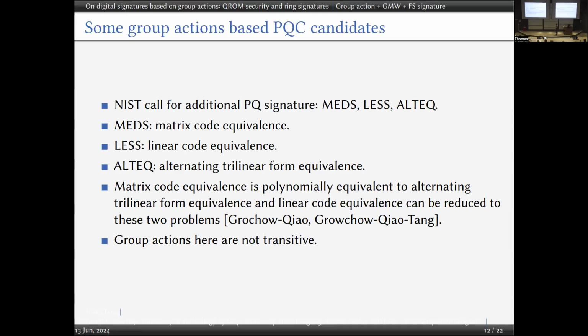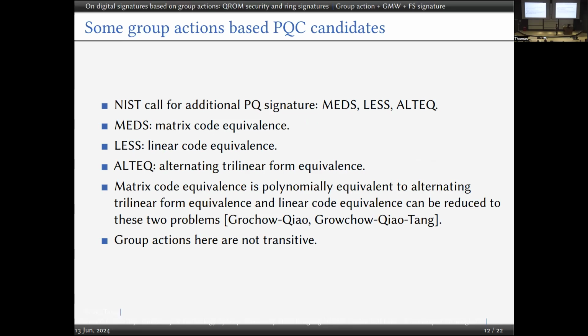we focus on some concrete group actions in the list of the call for additional PQ signatures. They are based on group actions of the general linear group, namely MEDS, LESS, and ALTEQ, which are based on matrix code equivalence, linear code equivalence, and alternating trilinear form equivalence respectively.